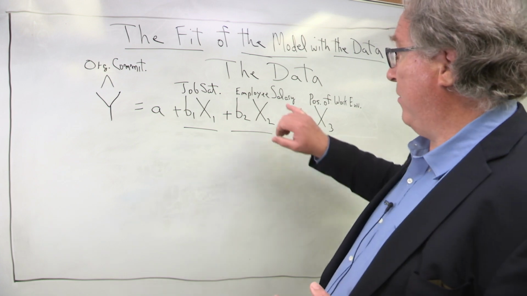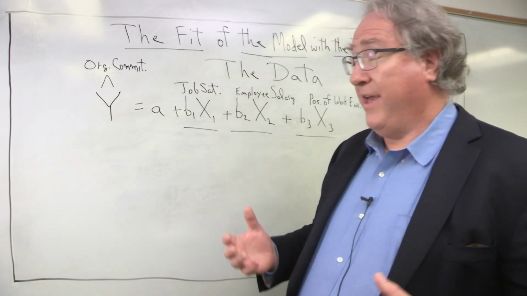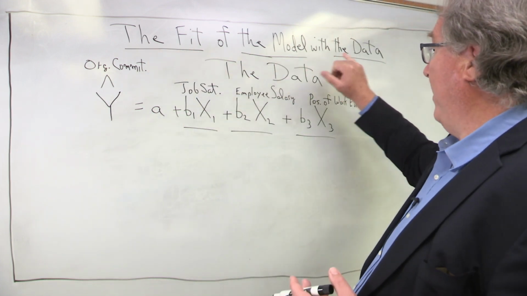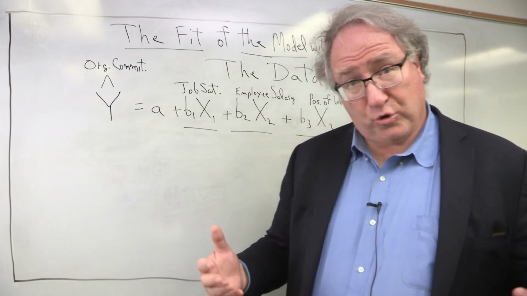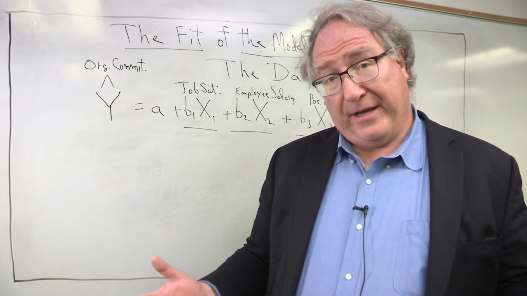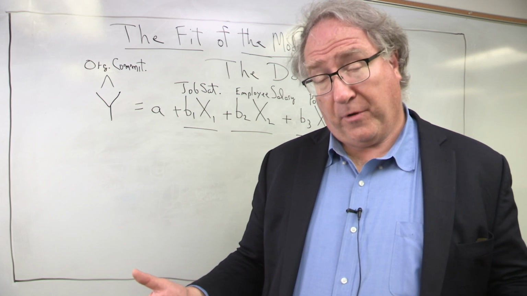And when we're talking about, well, what is the data, as we talked about in the previous presentation, the data within the phrase, the fit of the model with the data, are the actual observed scores that you get on the measure of the outcome variable.